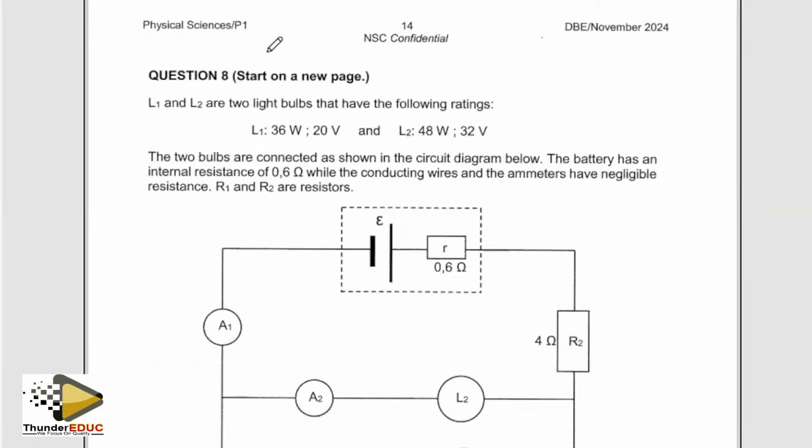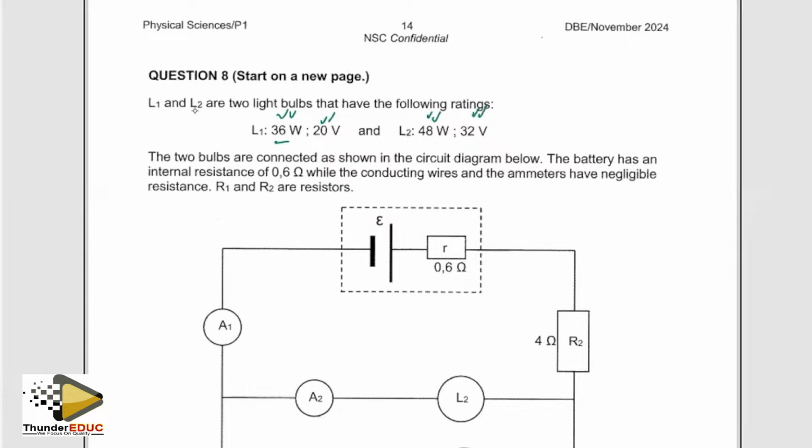Question 8. They're telling us that L1 and L2 are two light bulbs that have the following ratings. L1 is rated 36 watts, with 20 volts, while L2 is rated 48 watts and then 32 volts.